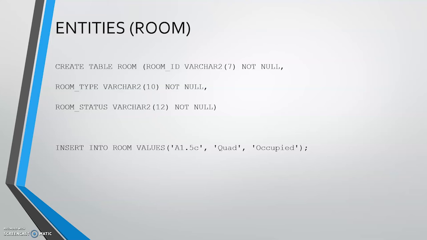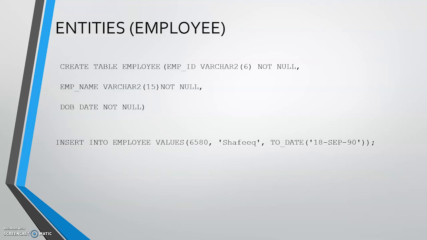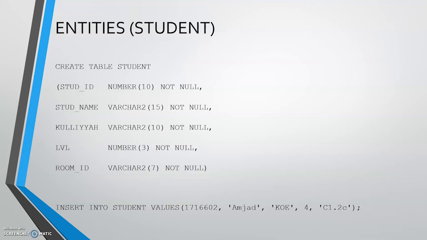For the room status, it can be occupied or not occupied. For the employee entity, we have employee ID, employee name, and date of birth. An example of employee ID is 6580, employee name is Shafiq, and date of birth is 18 September 1990.